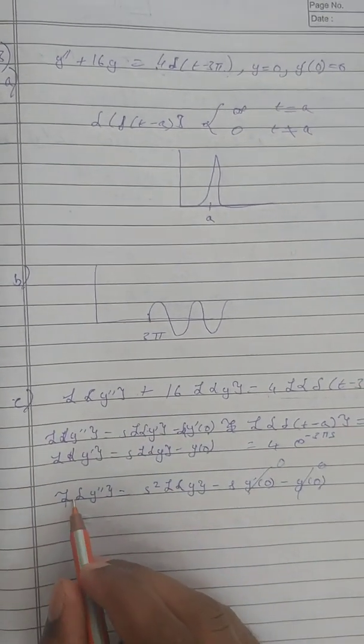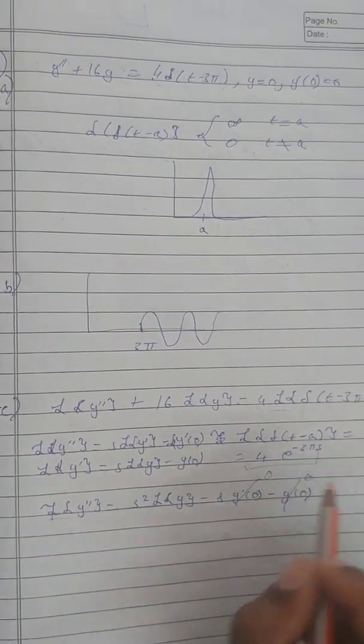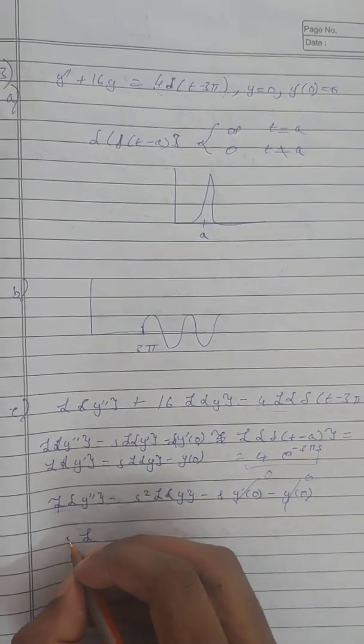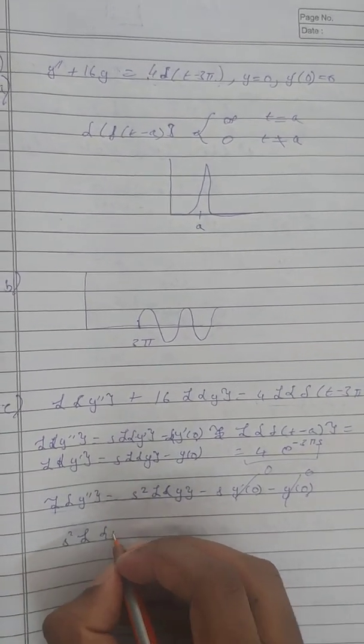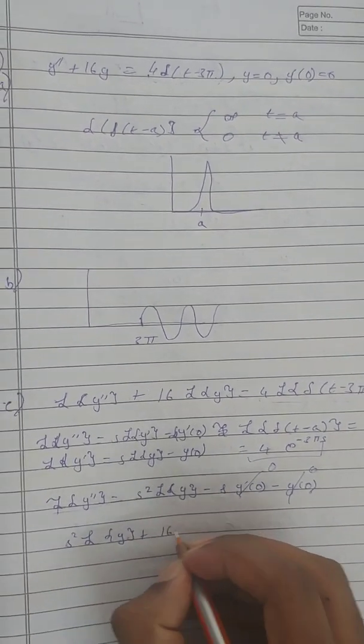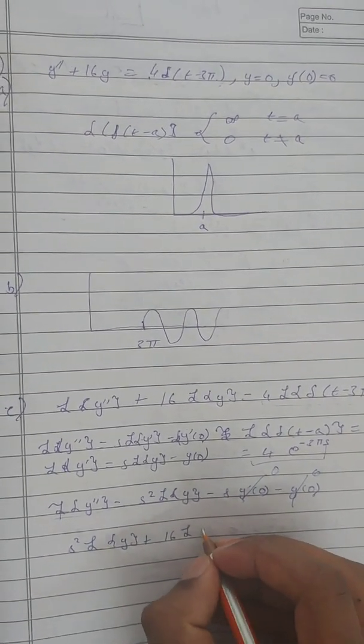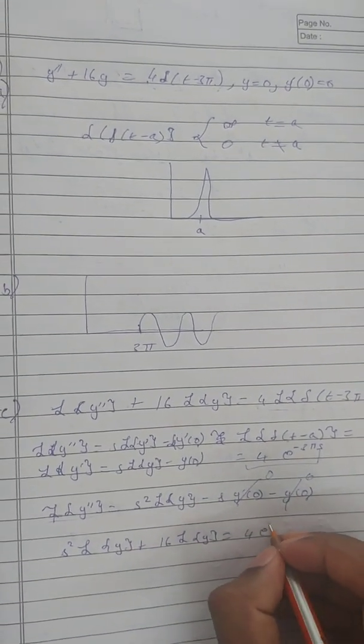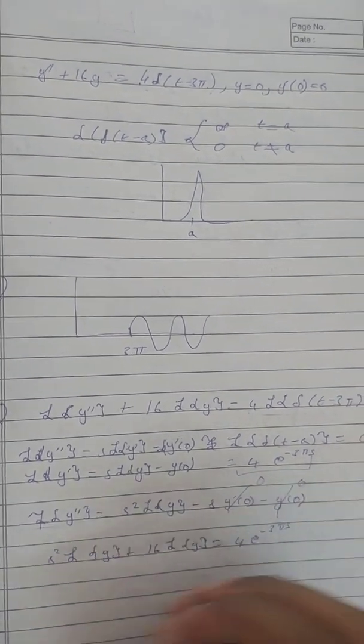So substituting this in the first equation, we get s square Laplace of y plus 16 Laplace of y gives us 4 e to the power minus 3 pi s.